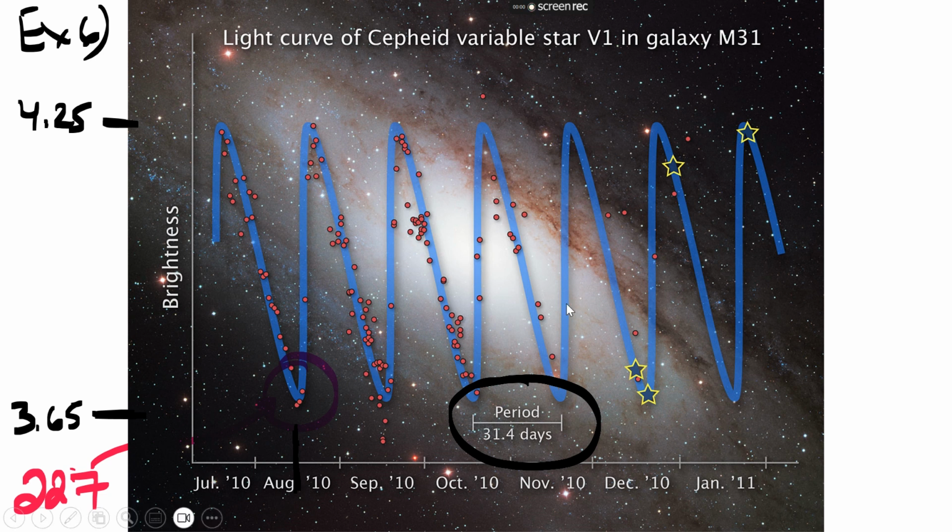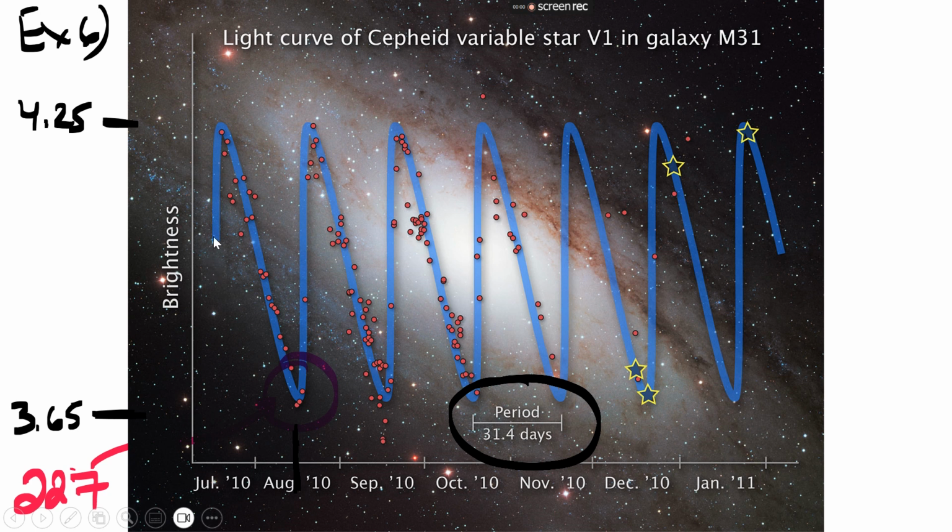All right, so this particular star called V1, here's its brightness. So it looks like they started to map this in like July. So in July, it kind of went up, and I'm not sure if that's the halfway point, because the halfway point would have been closer to the G, I think, in my mind.